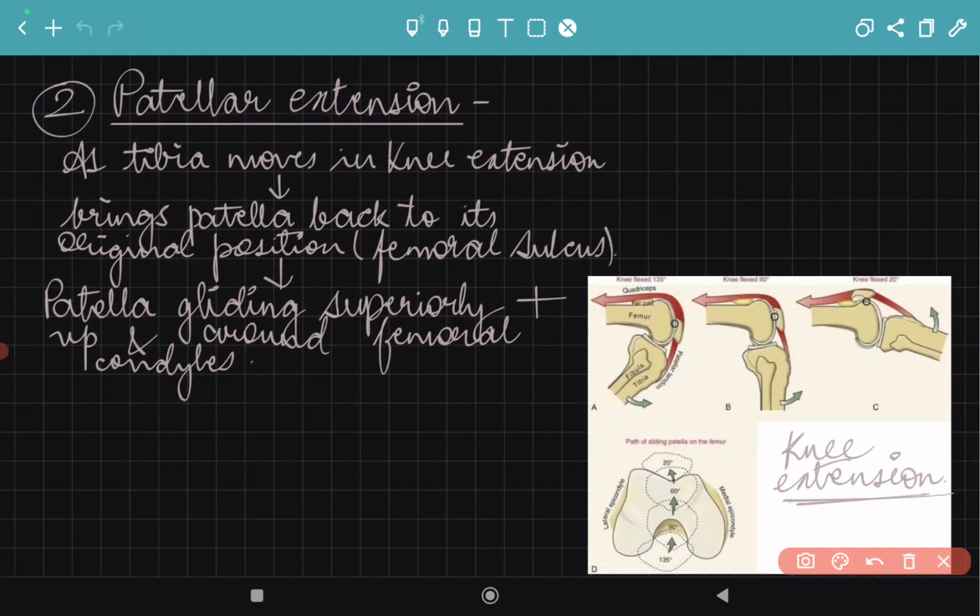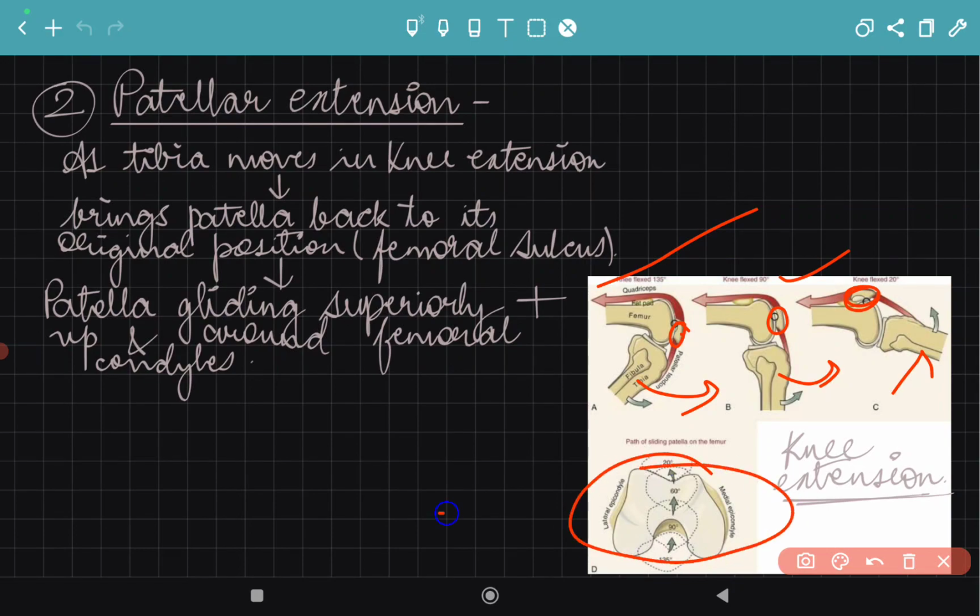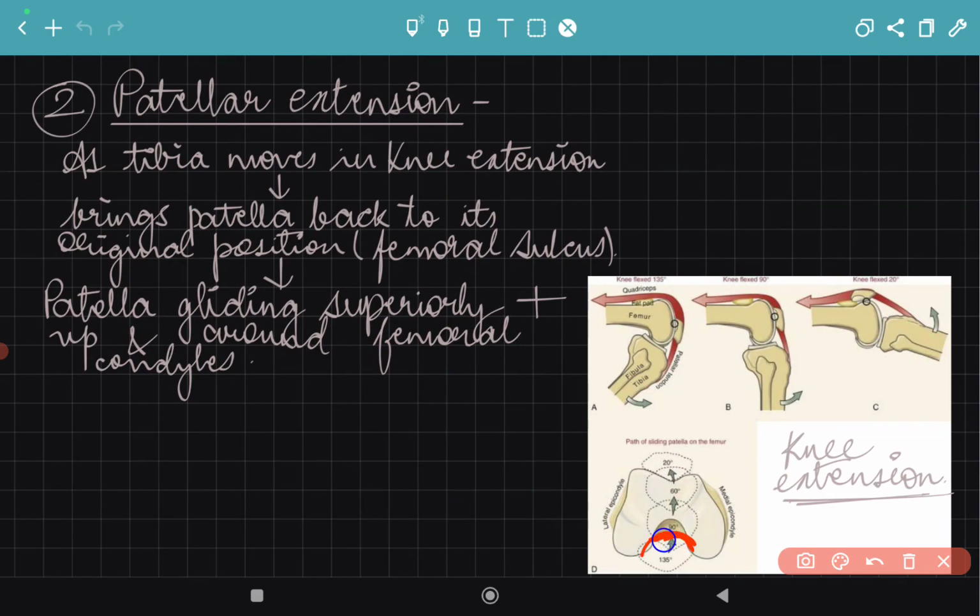After patellar flexion, what is patellar extension? It is the opposite. When the femur is again fixed and the tibia is moving into extension, the patella will glide superiorly, as can be appreciated in this diagram. As the tibia moves in knee extension, that will bring the patella back to its original position on the femoral sulcus. In full flexion it was at the intercondylar notch.